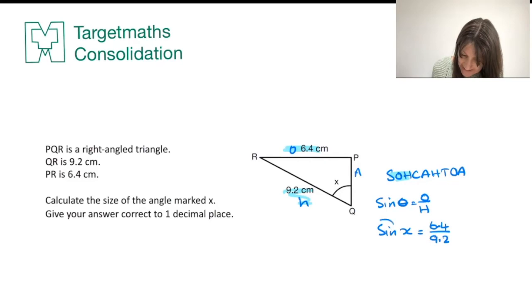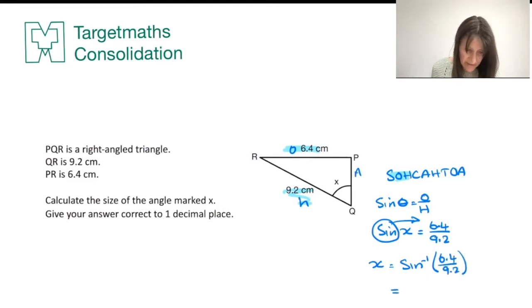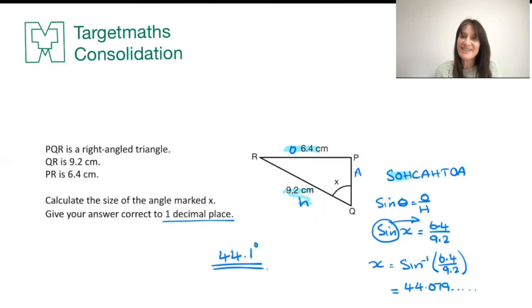If I want to know what X equals, I get it on its own. So X equals sine to the minus 1 of 6.4 divided by 9.2. In the calculator it goes, and you get 44.079, on and on it goes. It says 1 decimal place, so 44.1 degrees is the answer.